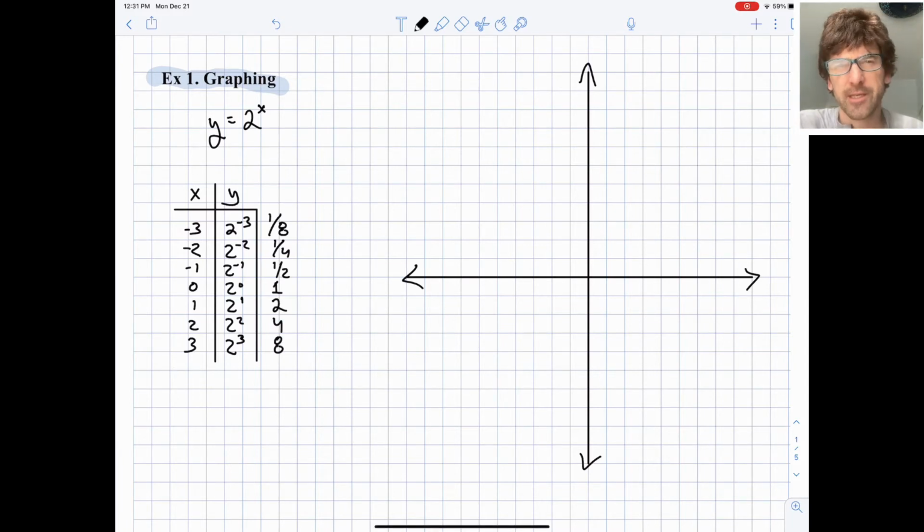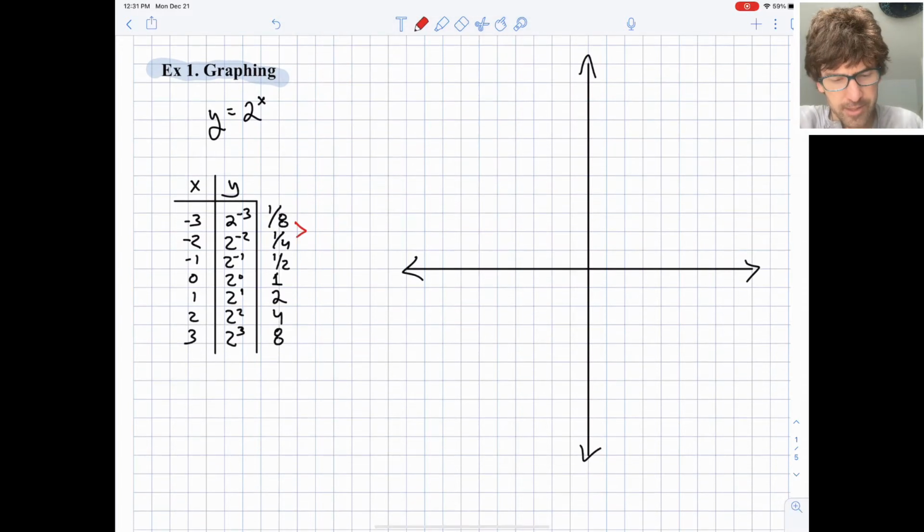I hope you're seeing we're getting a doubling pattern, right? That's really what that base of 2 means. The b value of 2 talks about the multiplication that's happening each time x increases by 1. So here we are looking at a doubling pattern: times 2, times 2, times 2, etc., all the way down.